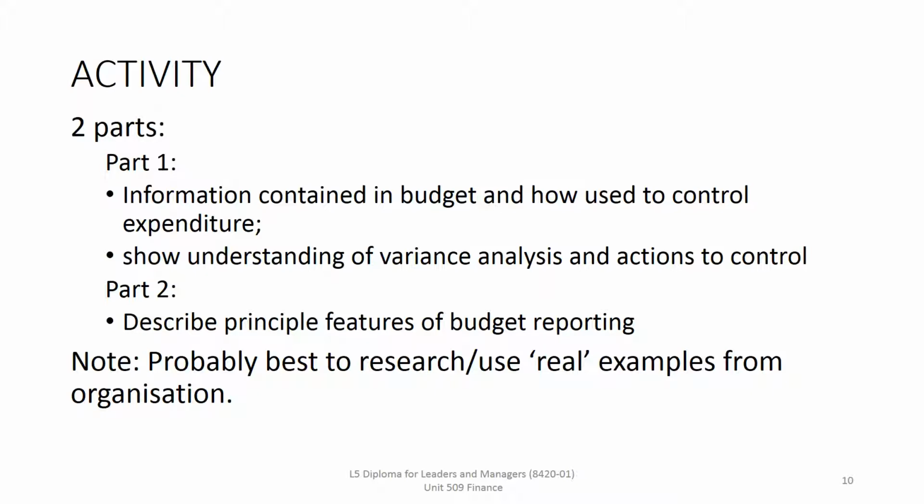So you'll be looking at the bits and pieces that are in there, and it's good if you can use real examples to explain that and how it would be used to control expenditure. And in doing that, you should be able to show understanding of variance analysis and actions to control it. So using the real example will help you to show where variance is. So you don't need the facts and figures, you just need to explain the processes and what's gone on within a budget.